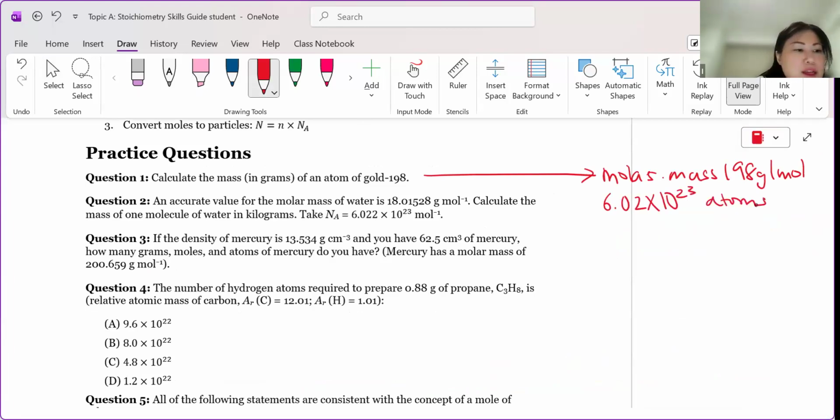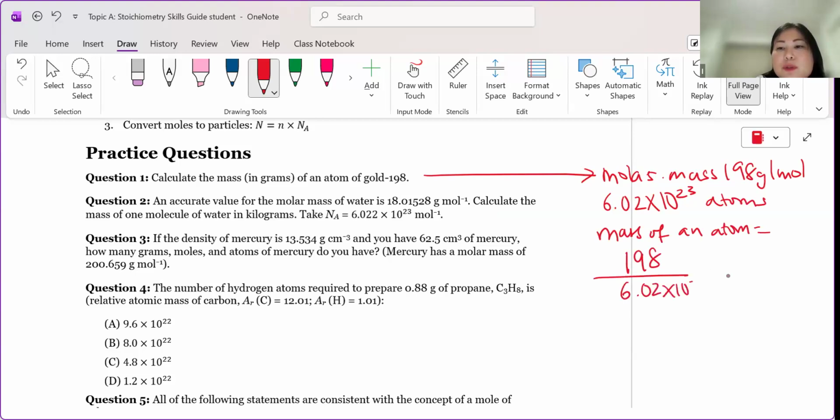So therefore, the mass of one atom will be 198 divided by 6.02 times 10 to the power 23 to find the mass per atom, and that gives us about 3.29 times 10 to the power of minus 22 grams.